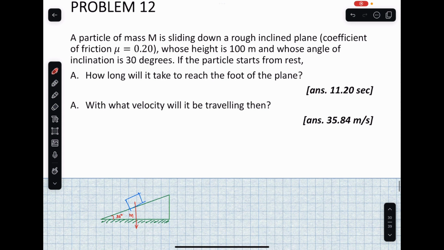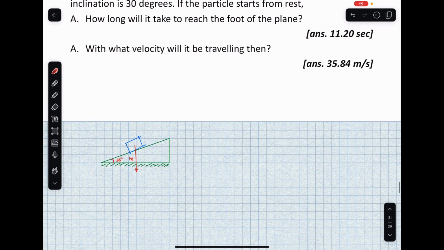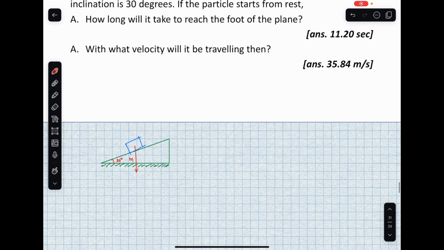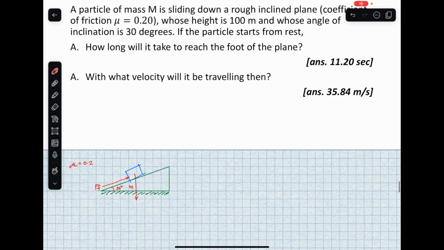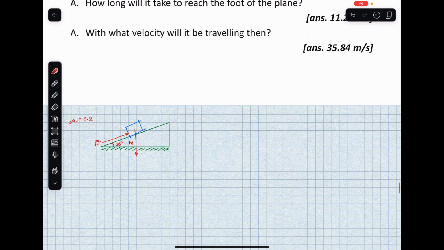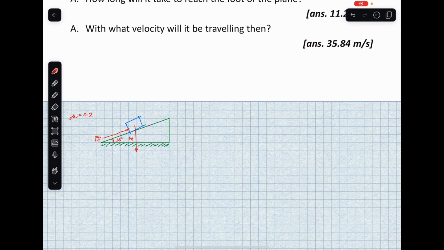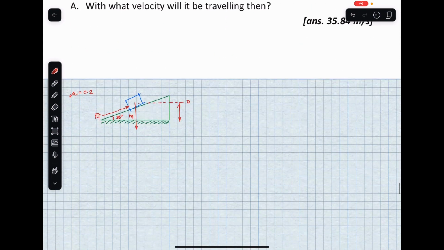The coefficient of friction, so let's say we have here the frictional force. The coefficient of friction is 0.2. So initially, the height of this, of course this is 0, so the height is 100 meters.